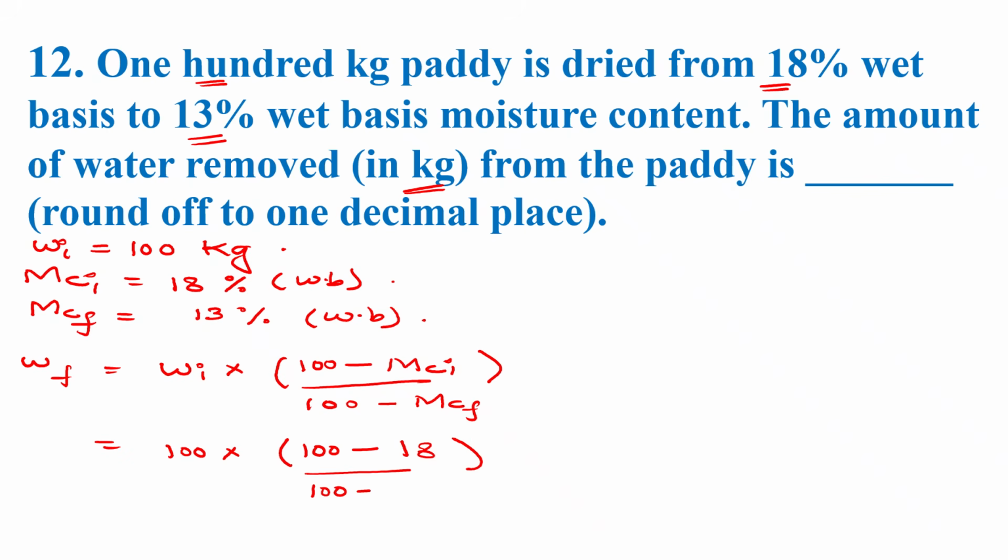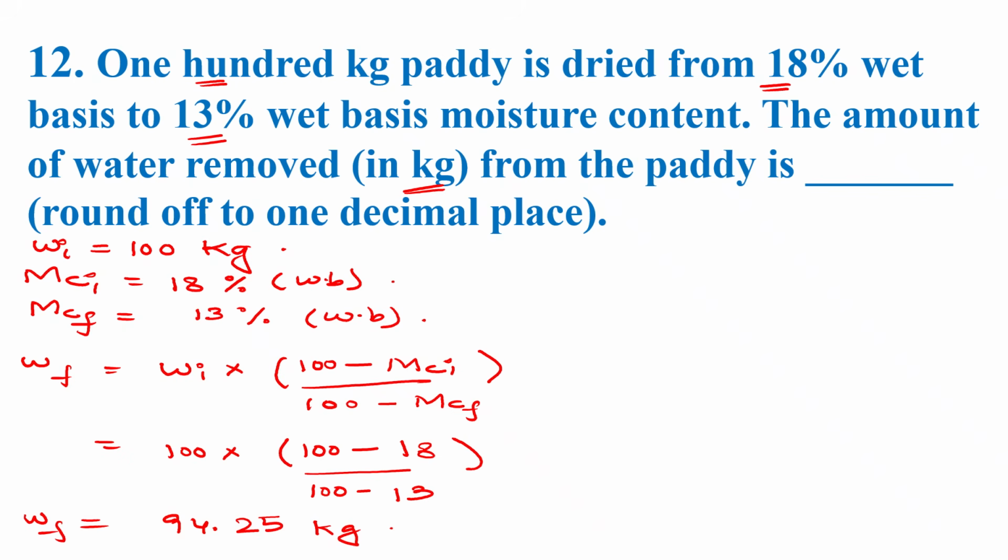So we'll get a value that is 94.25 kg. So this is my final weight of the paddy, WF. Now we have to calculate the amount of water which is removed.